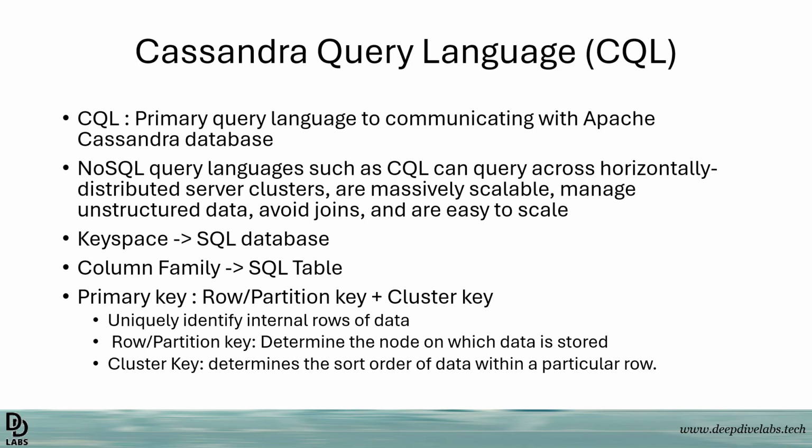What the primary key does is help to uniquely identify rows of data. The row or partition key determines the node in which the data is stored, because remember, your databases are distributed. And the cluster key determines the sort order of the data within a particular row. Okay.